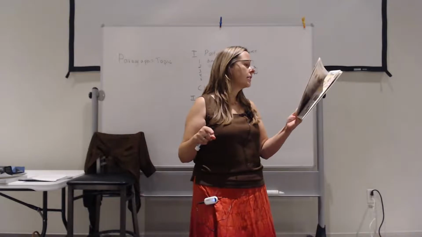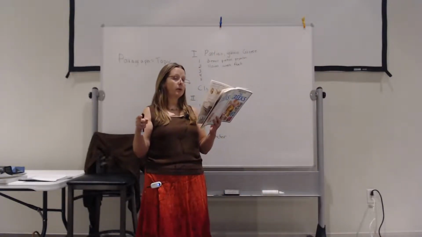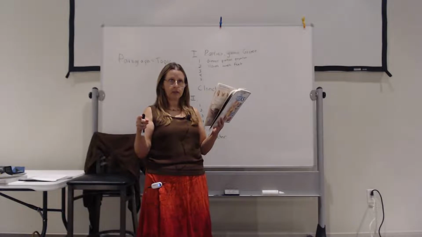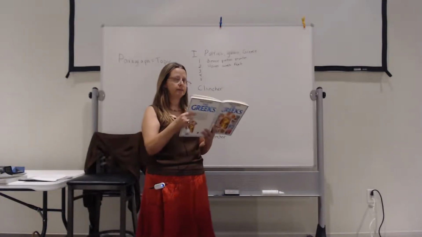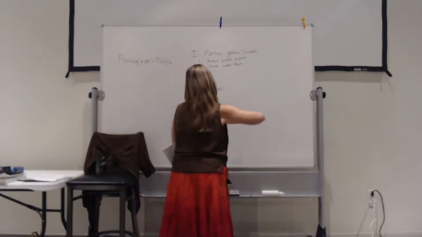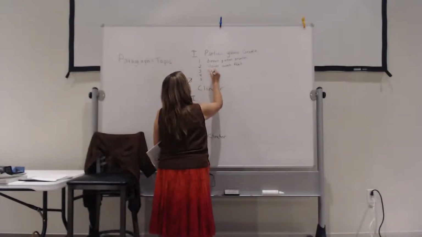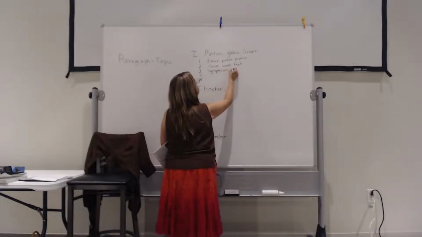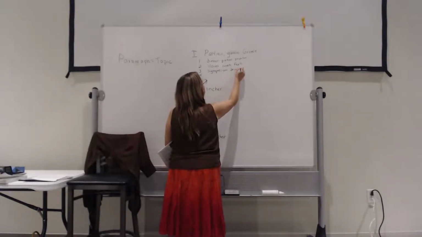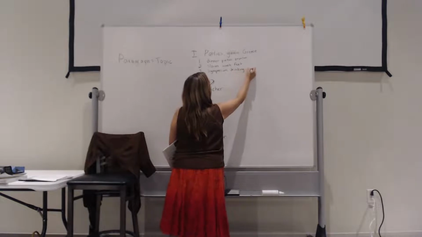Once the food was cleared away, the drinking and talking began. This was known as a symposium. I like the drinking party. We're going to talk about the drinking party. Symposium is a drinking party. They did talk, they didn't just drink, but they drank a lot.